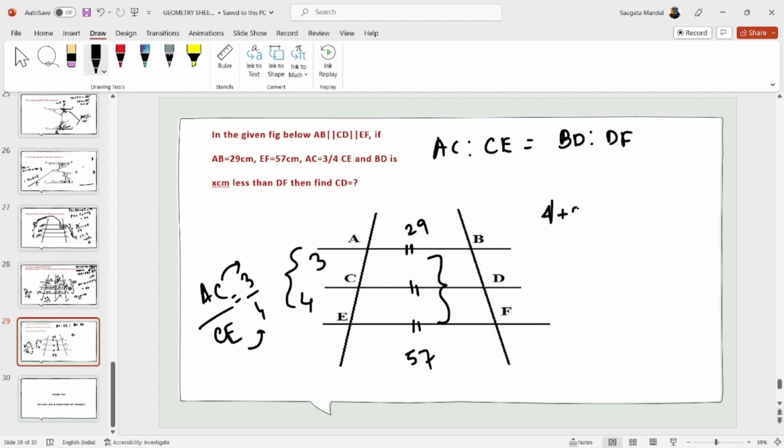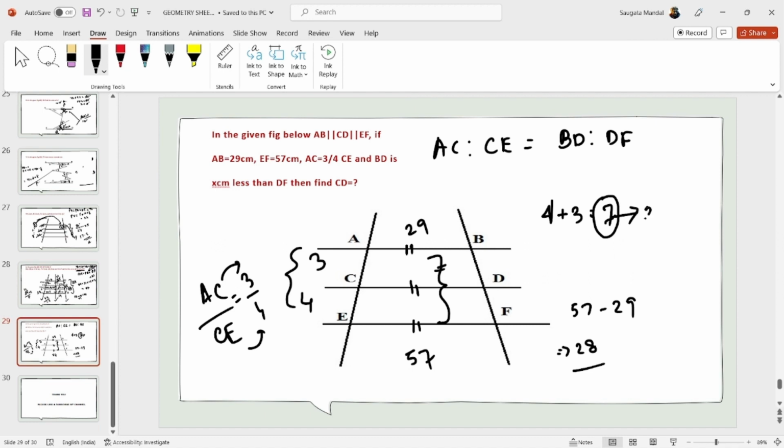4 plus 3 is equal to 7. 7 is equal to this value. What is the difference of this value? 57 minus 29, that means 28.